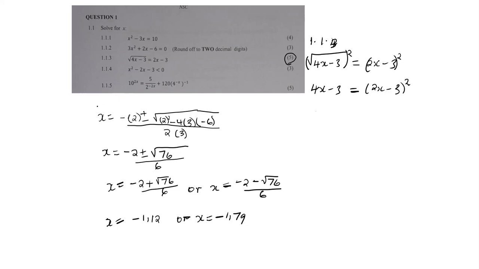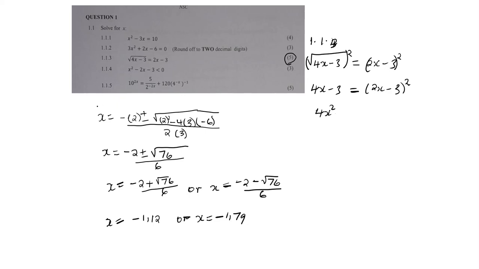all squared. So now you are going to expand the right-hand side, wherein we will remain with 4x squared, because you will say 2x all exponent 2, which will give you 4x squared.